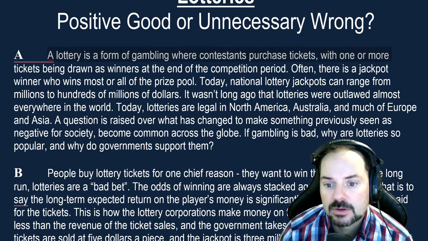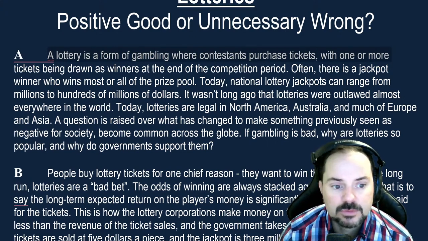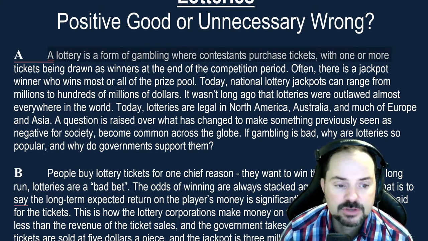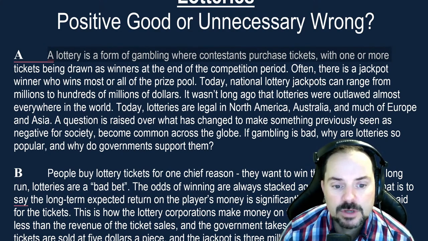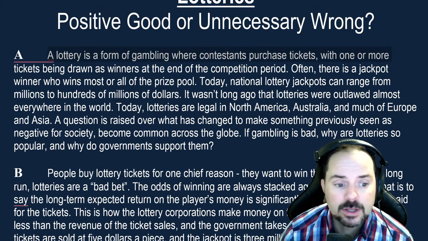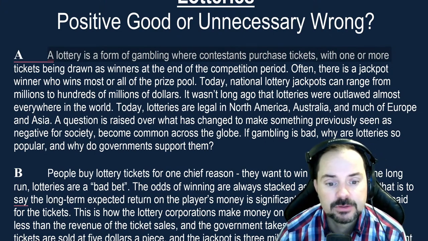It wasn't long ago that lotteries were outlawed almost everywhere in the world. Today, lotteries are legal in North America, Australia, and much of Europe and Asia. A question is raised over what has changed to make something previously seen as negative for society become common across the globe. If gambling is bad, why are lotteries so popular, and why do governments support them?